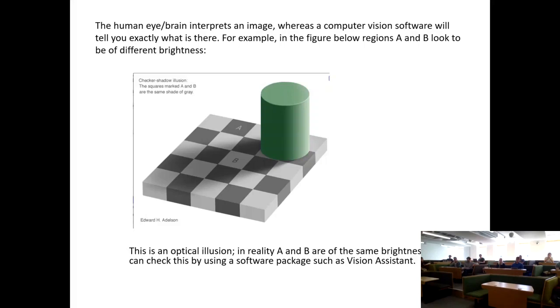The first time I showed this to a class years ago, they flatly refused to believe it. But what you can do is, I put this on Blackboard. You can take this image and stick it into Vision Assistant and start measuring brightness. Or if I covered everything up apart from A and B, they would look the same.